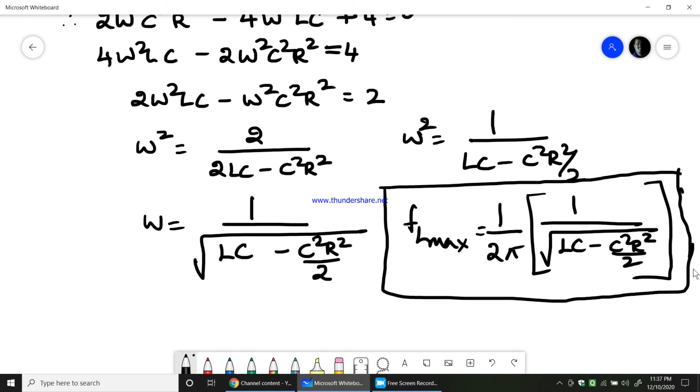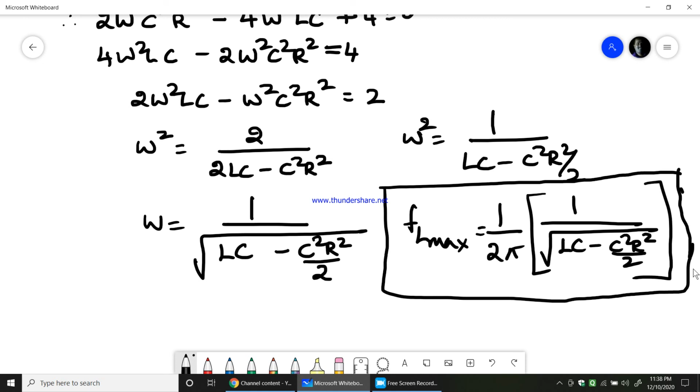So with this derivation, we'll end the discussion of series resonance derivations. We have derived bandwidth, quality factor, resonant frequency, selectivity, cutoff frequencies F1 and F2, and the resonant frequency in terms of cutoff frequencies, where Fr equals the square root of F1 into F2.